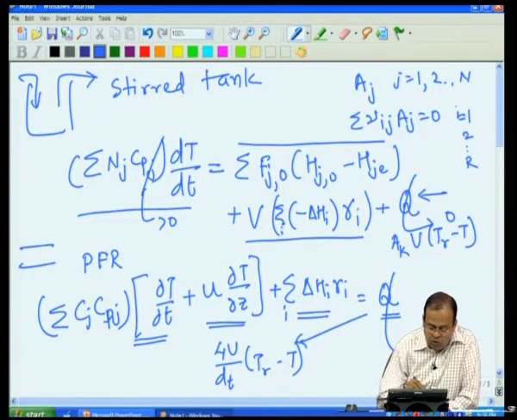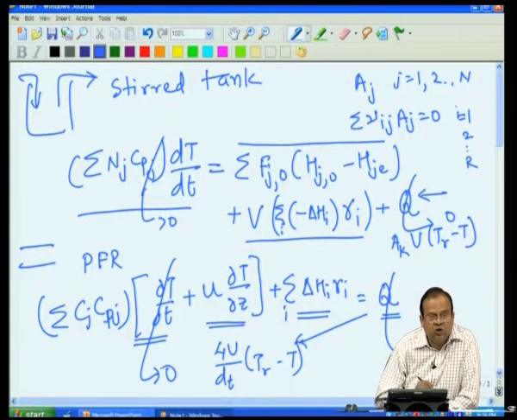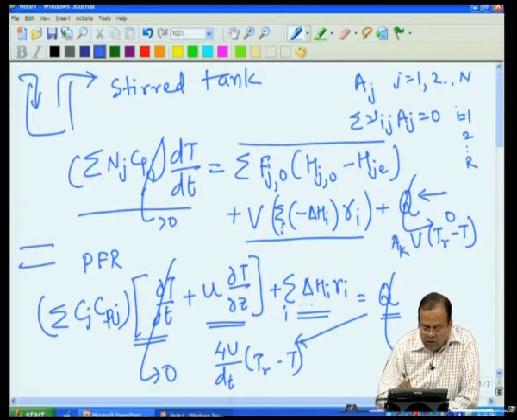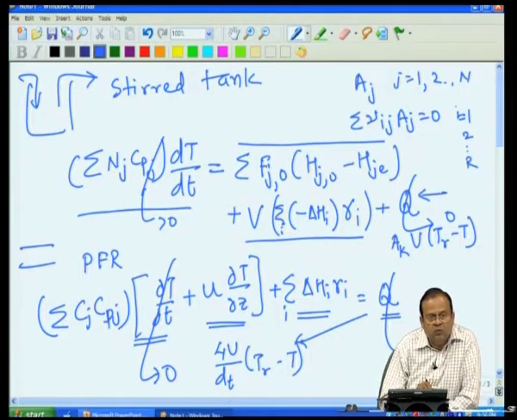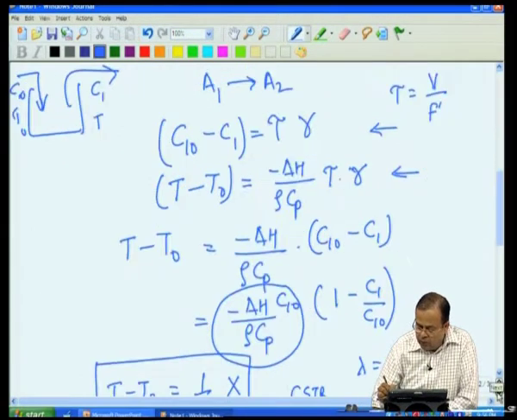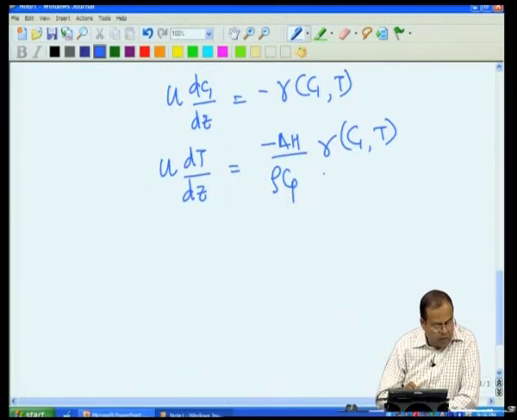So, Q is 0, steady state operation, so the dT term is 0, and we are just rearranging these terms. Only instead of writing it as individual properties, we are defining properties of the mixture, namely Cp, rho and so on. So, we get this kind of mass balance.